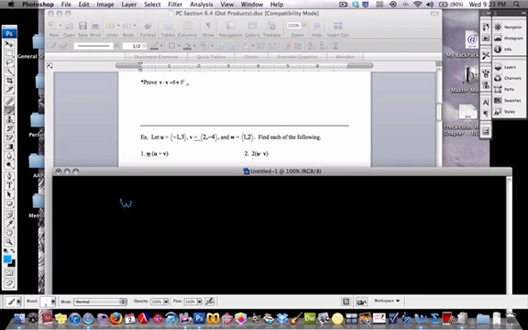So vector W times U plus V. Maybe I want to fill in all the vectors in component form first. So W is 1, 2 times U, which is -1, 3, plus vector V, which is 2, -4.